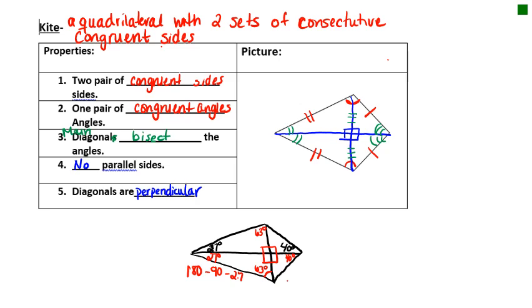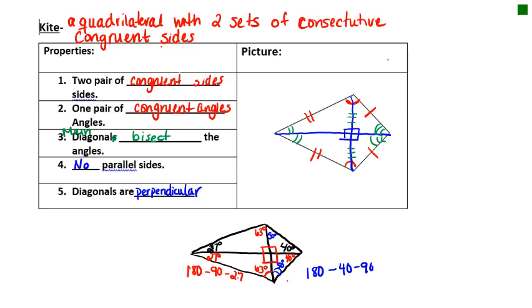To find this angle over here, I'm going to do 180 minus 40 minus 90, which leads us to be 50 degrees. Okay, so that's an example of where you can find missing angles of a kite.